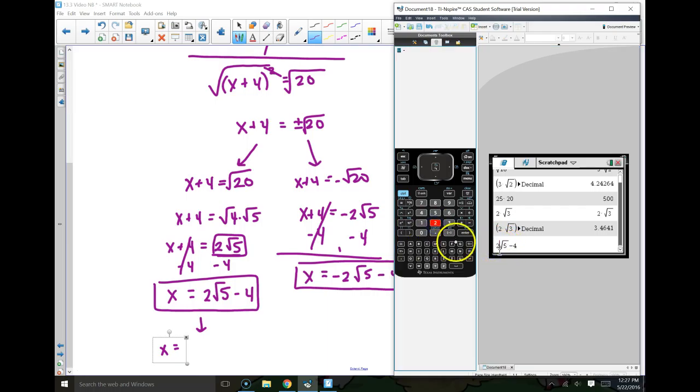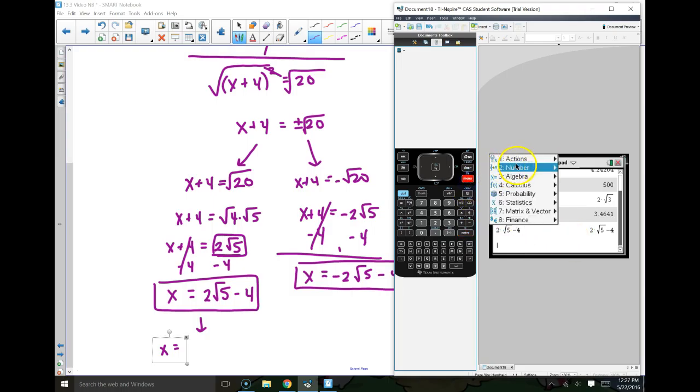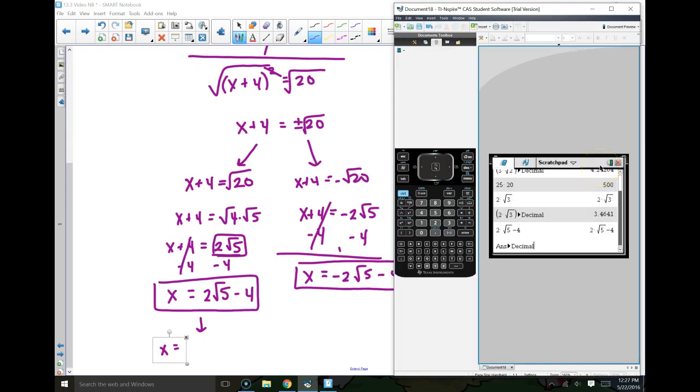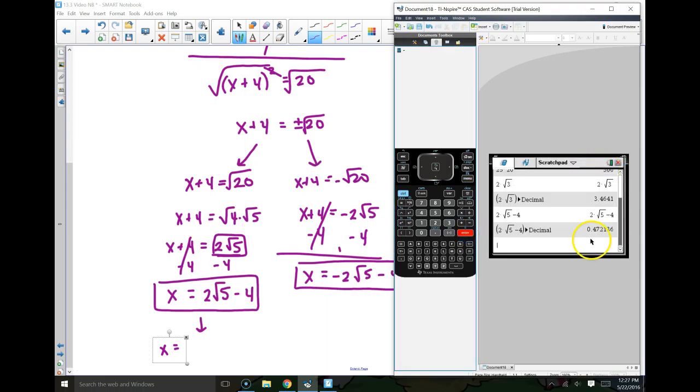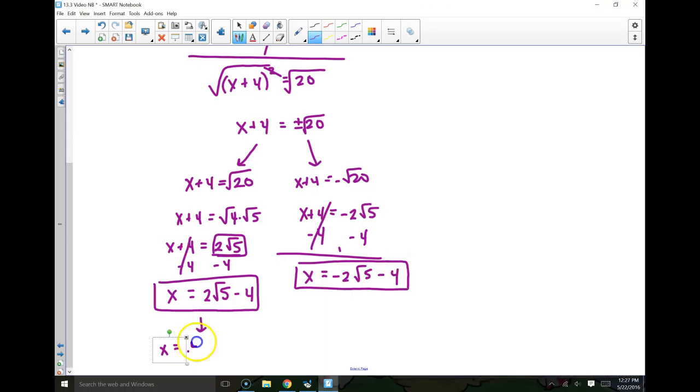Let me put the 2 in front. Perfect. Okay, hit enter. That won't convert it, so I have to get to menu, number, and then convert to decimal. Hit enter, and I get 0.472. Now this wants me to round to the nearest hundredth. The hundredth is that 7 right there. So the number after the 7 is a 2, so I'm just going to leave it as 0.47.